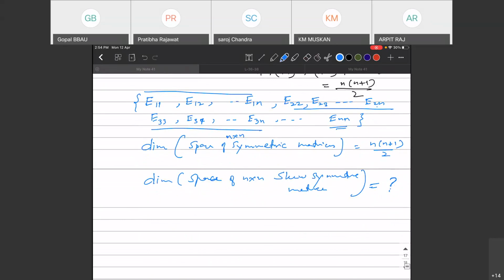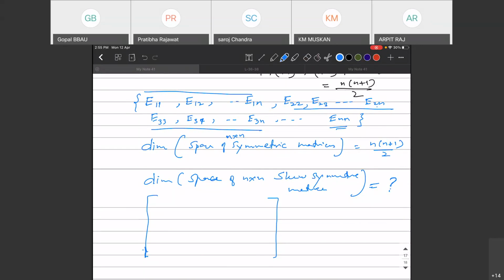So if you observe clearly, what is the diagonal of a skew symmetric matrix? What are the diagonal entries of a skew symmetric matrix?